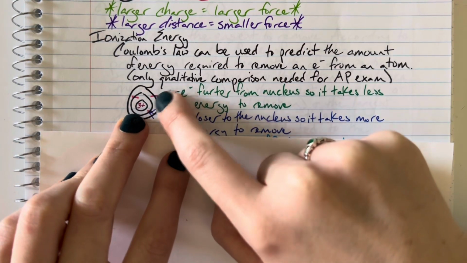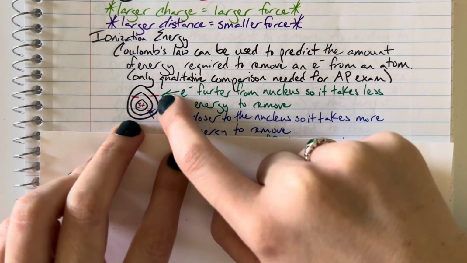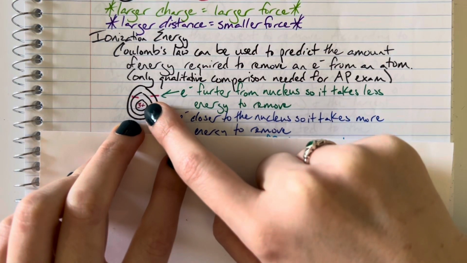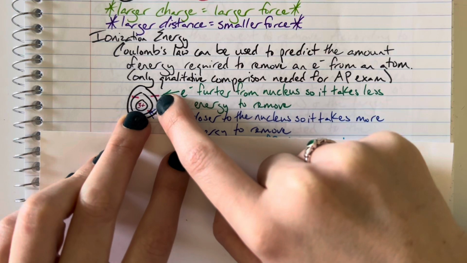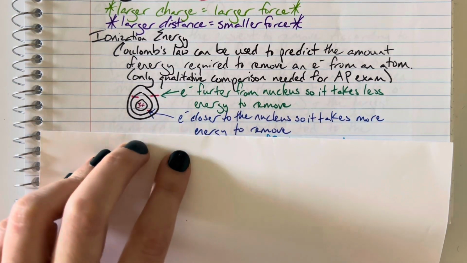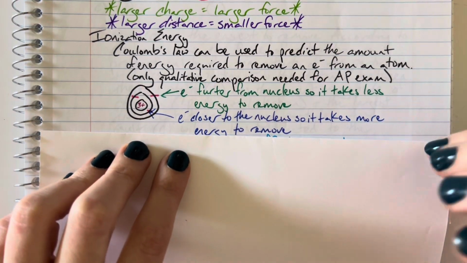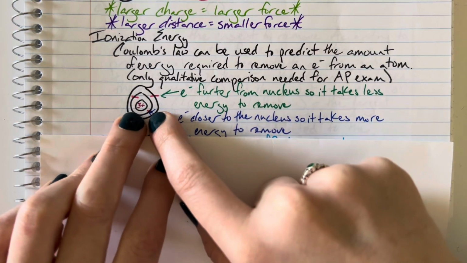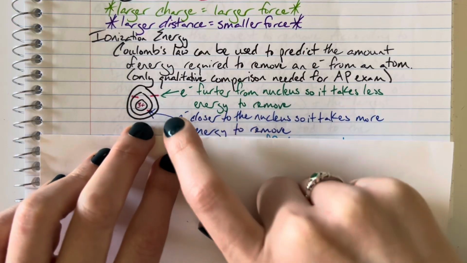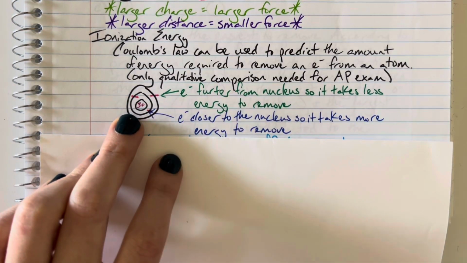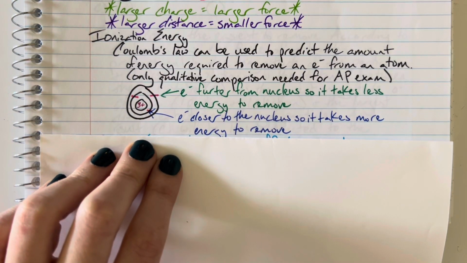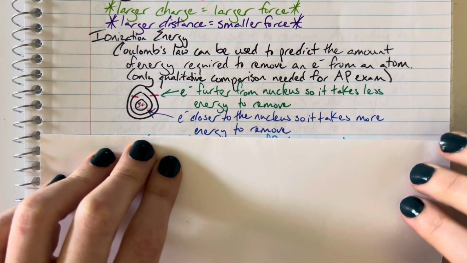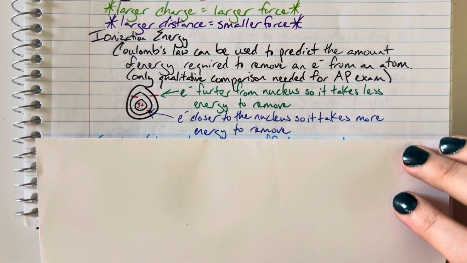As we get farther away, the force of attraction is less, and therefore it is going to be easier to steal those electrons versus the electrons in the inner shell, where we are much closer to the positively charged nucleus, and those are going to require substantially more energy to remove.